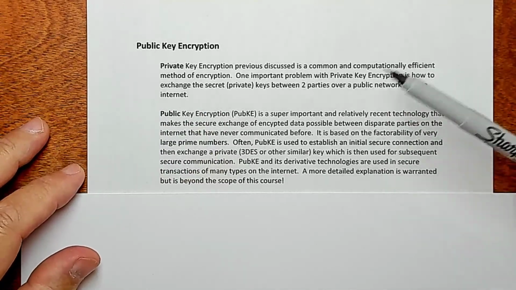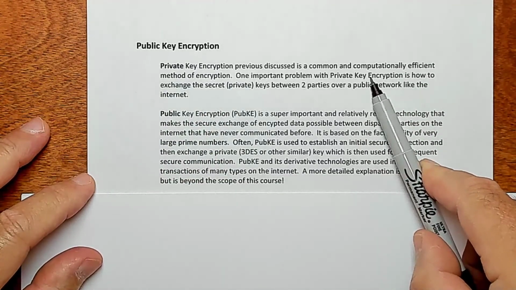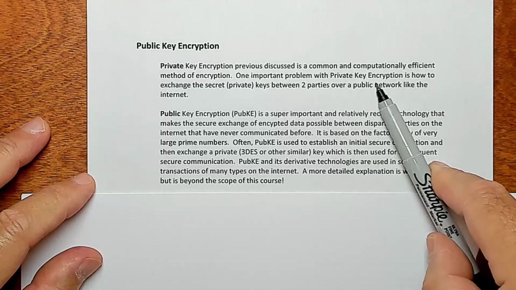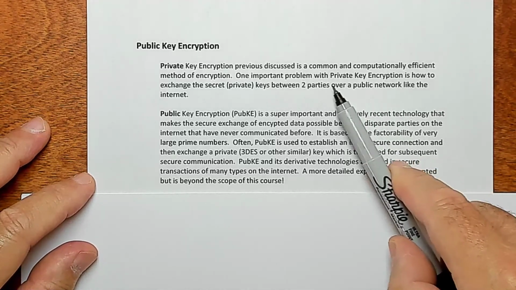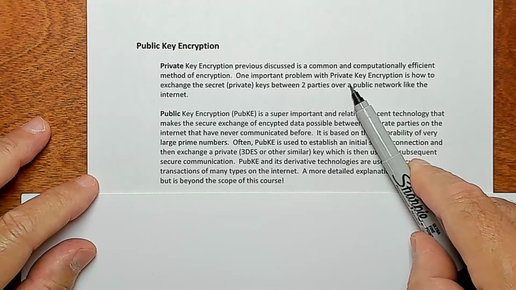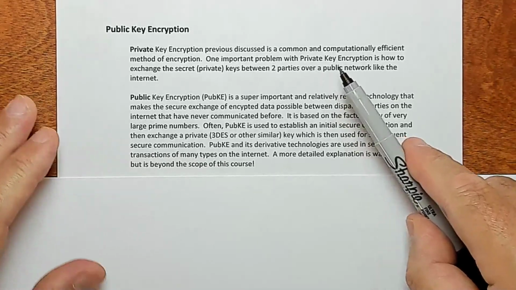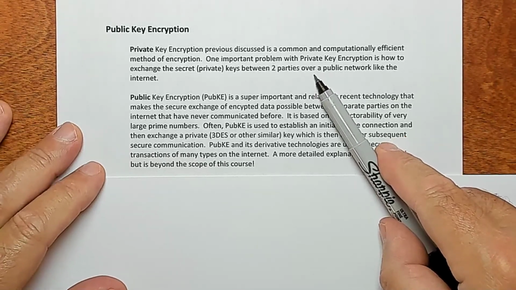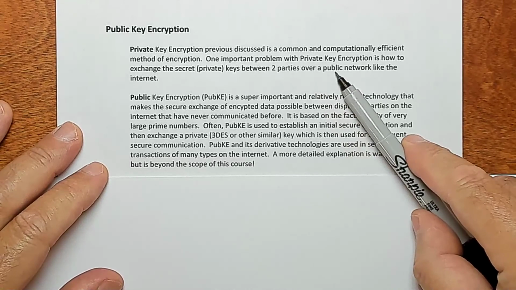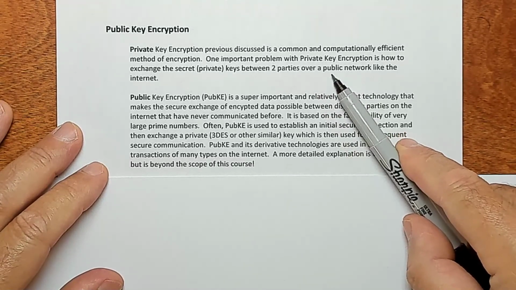The problem is, how do you get a private key to another computer over a public network? Right? The internet is a public network. Your communications are traveling through any number of servers which anybody could spy on at any time. You could climb a telephone pole and spy on people's communications. So how do you get this private key over to another computer?